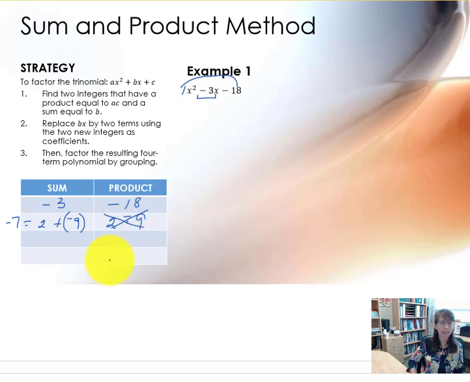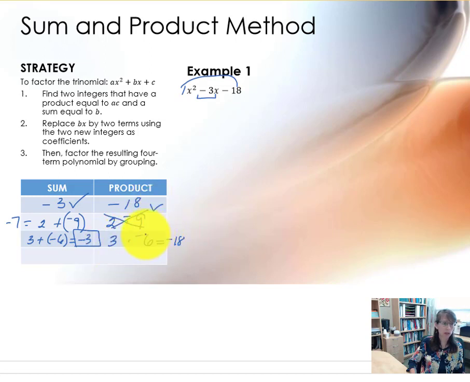So what else would make 18? Let's see. 3 times 6 makes 18, and if we use a negative 6, 3 times negative 6 will match negative 18. And then 3 added to negative 6 makes a sum of negative 3. Notice how that sum is a match for the sum we need, and our product is a match for the product we need.